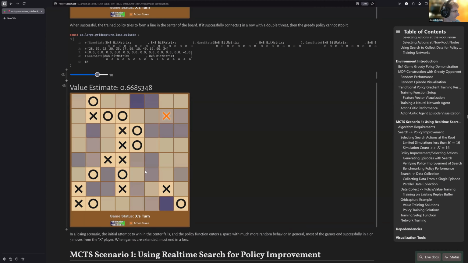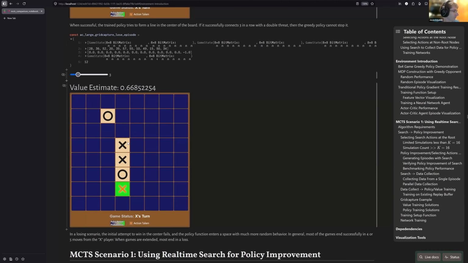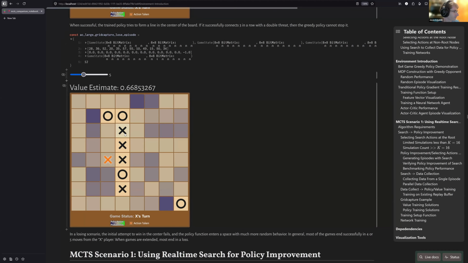We can see minor things changing in the policy function, but it's clear that it's just not trained long enough to learn anything useful about this state. And we'll see this if we generate episodes: as we saw, about 20% of the time it will lose, and it will lose in this type of scenario where its initial attempt to win fails, and then it's a bit lost in the state space.